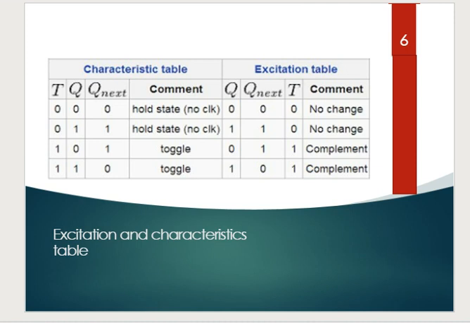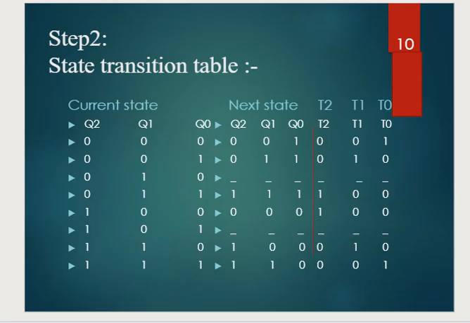As you can see, we have the present state and next state, so we can easily derive T2, T1 or T0 for each of the cases, like 0 0 0, don't care, 0 1 0 1.